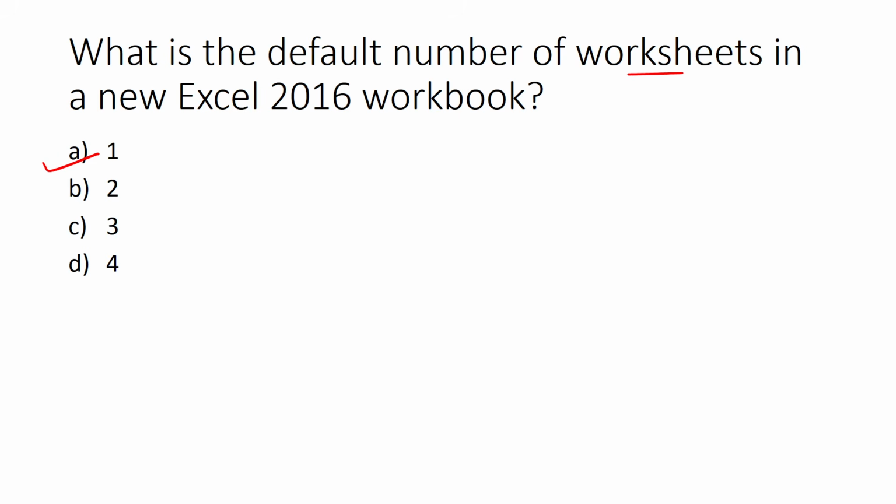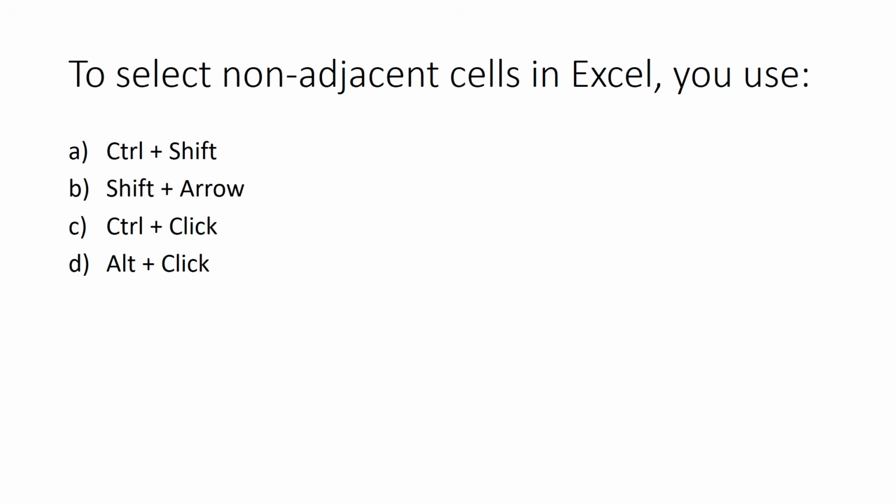Next, if you want to select non-adjacent cells in Excel, like one cell, then the fifth cell or seventh cell, it is Control plus click. If you click with the mouse and the Control button, you can select multiple cells that are non-adjacent.